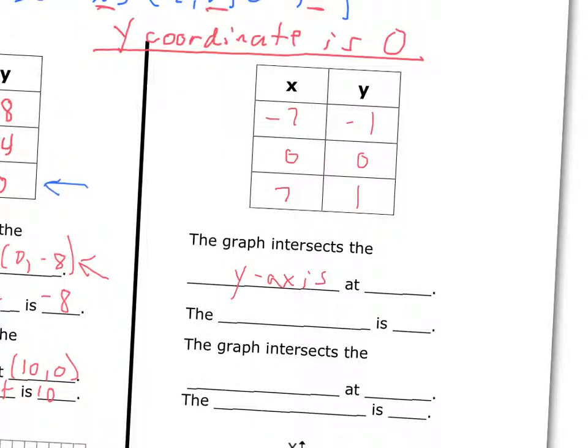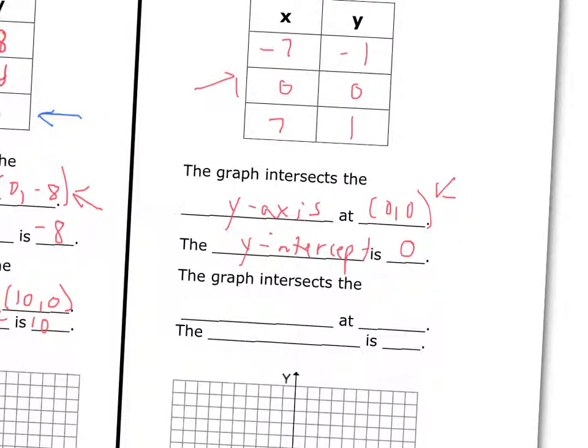We want to look for a y-intercept, so we're looking for an x value of 0. Well, check it out. There's an x value of 0, so we know that our ordered pair is 0, 0. So the y-intercept is going to be your y value of that ordered pair, so 0.